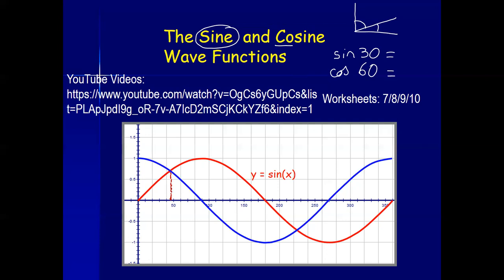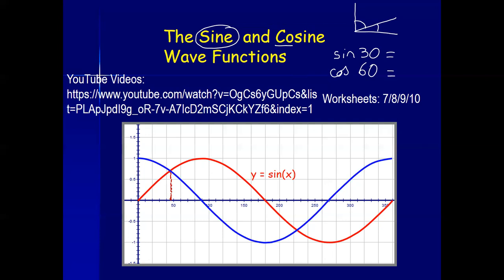So what we find is cos 0 is 1. So what's the complement of 0? What do I need to add to 0 to make 90? 90. So that's why sine 90 is 1.